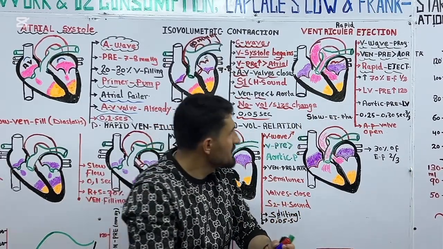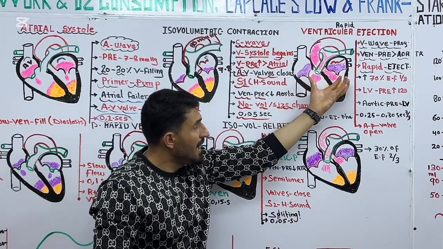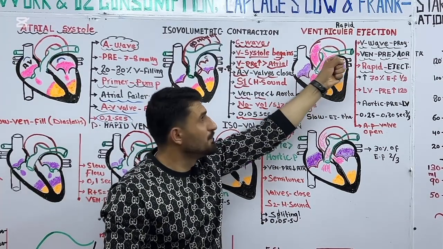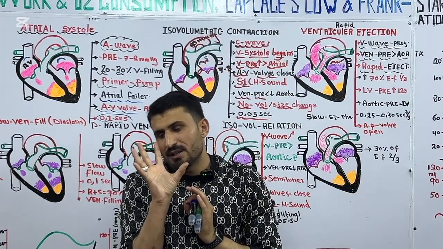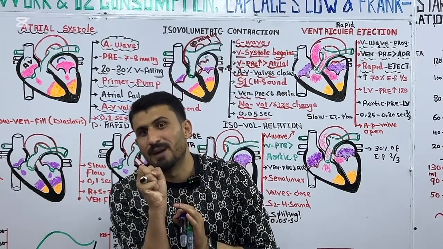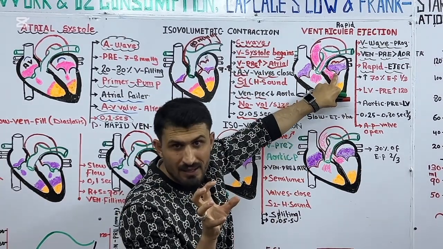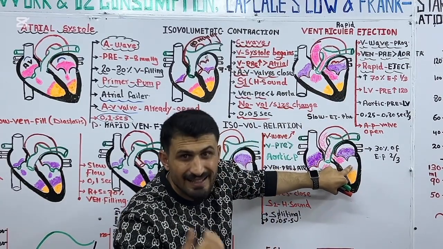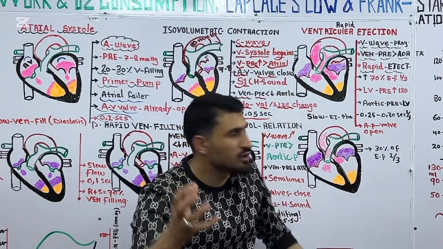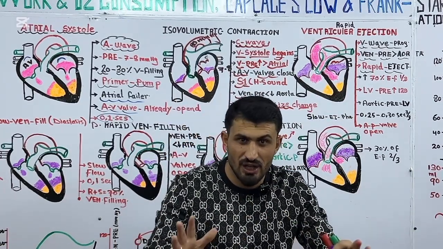First it pumps a lot of blood rapidly, which is around 70% of the blood pumped by the heart. For example, if my heart ejects 100 ml of blood, 70 ml will be ejected in this phase, and the remaining 30 ml will be ejected in the next phase, which is a bit slower, and this is called the slow ejection phase.